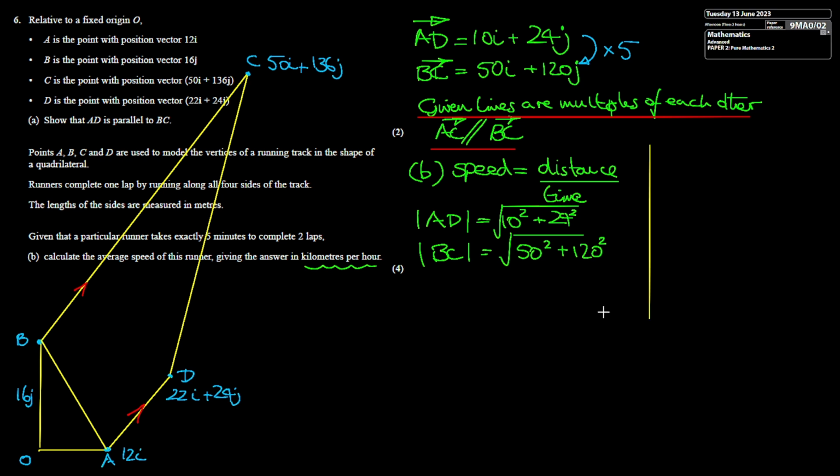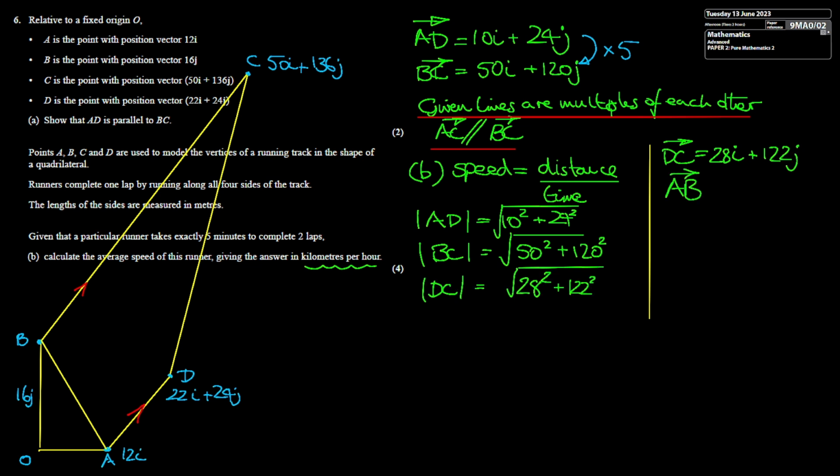We need to do a bit of side work just to work out the vectors of the 2 remaining sides. One of those 2 remaining sides is DC. The increase in i is 50 minus 22, so this is 28i, and the increase in j is from 24 up to 136, which is 112j.